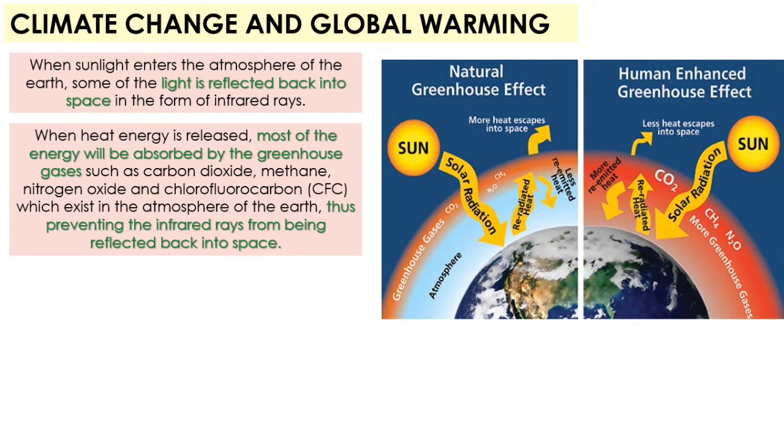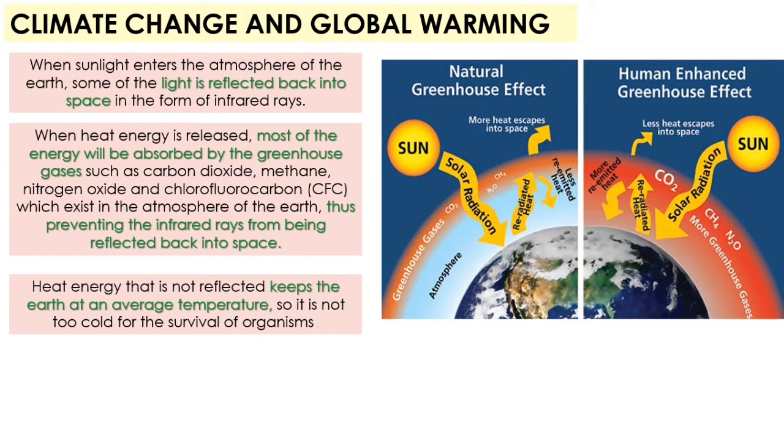So the heat energy that is not reflected keeps the earth at an average temperature, so it is not too cold for the survival of organisms. Jadi tenaga haba tidak dipantul balik, memastikan suhu bumi berada dalam keadaan yang sesuai untuk kehidupan.